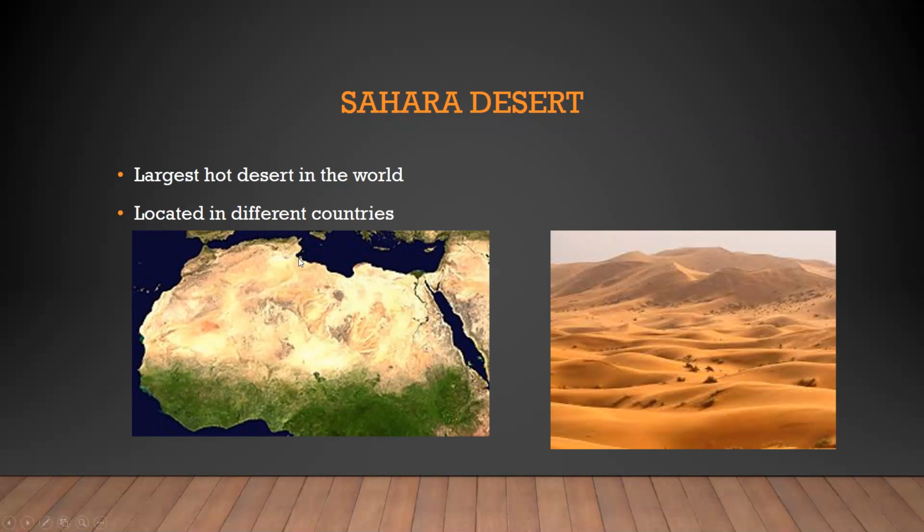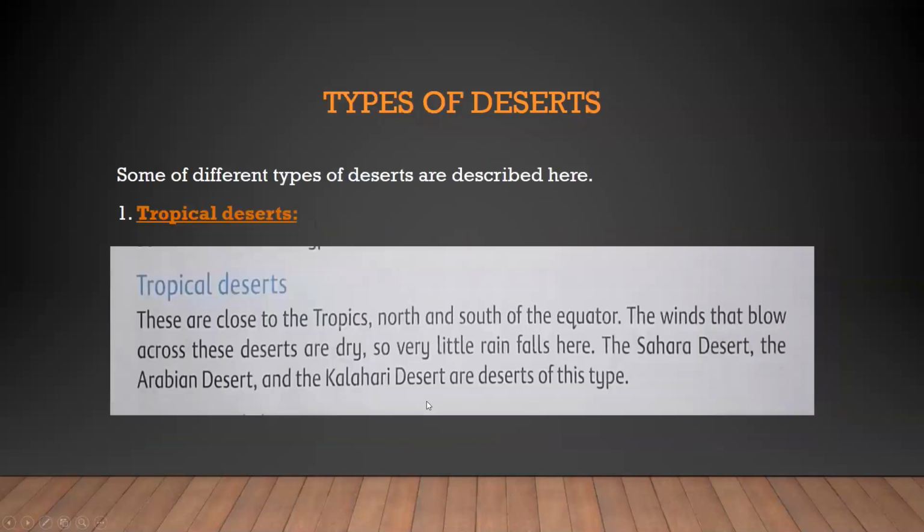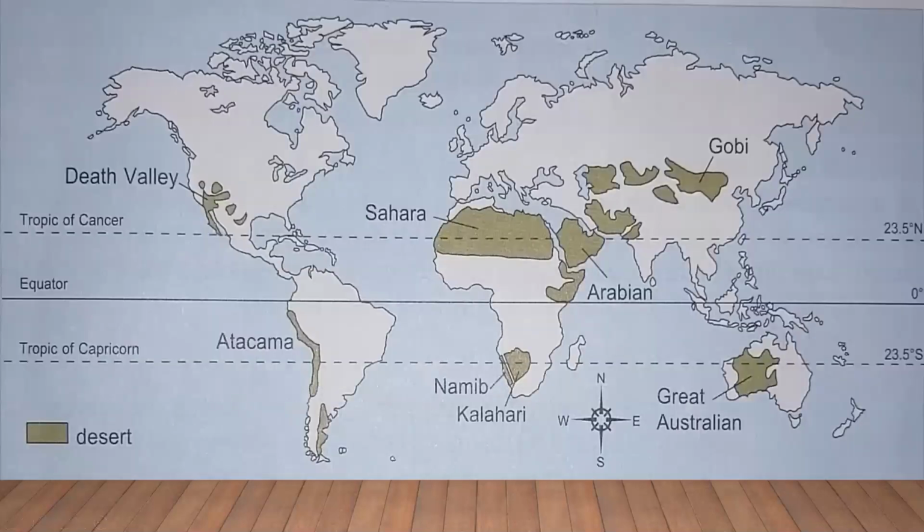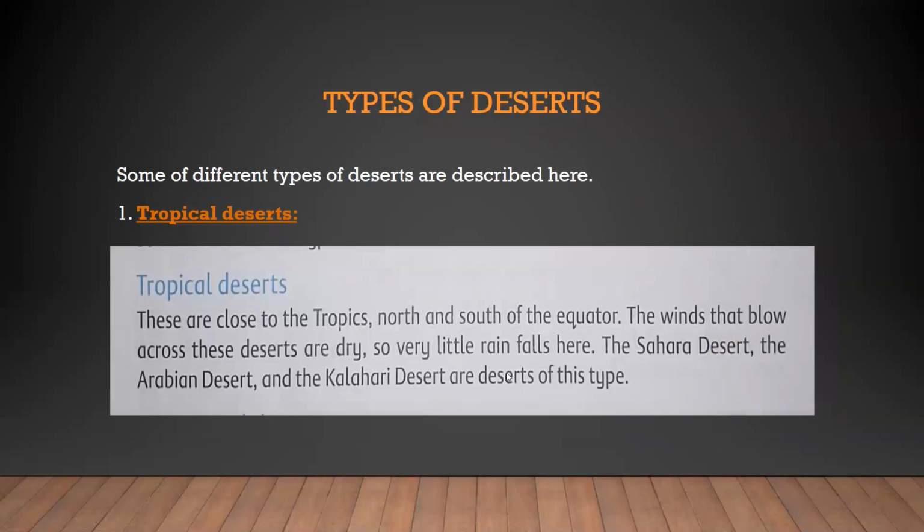It's the biggest desert. You can also see in the map, according to the area, which one is the biggest of all? The biggest of all is the Sahara Desert, and it is the largest hot desert in the world.